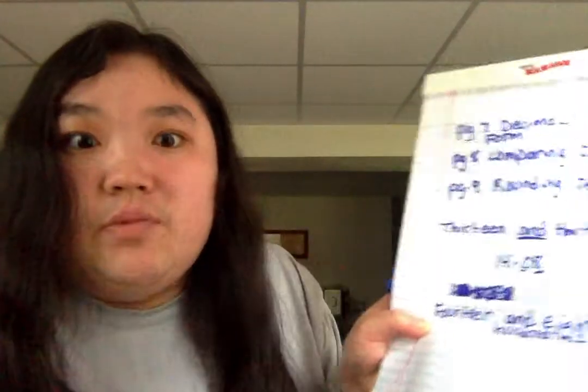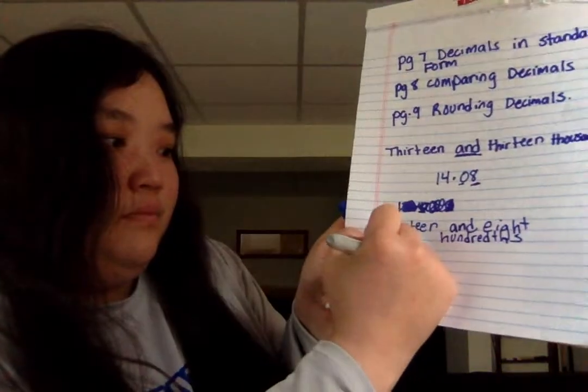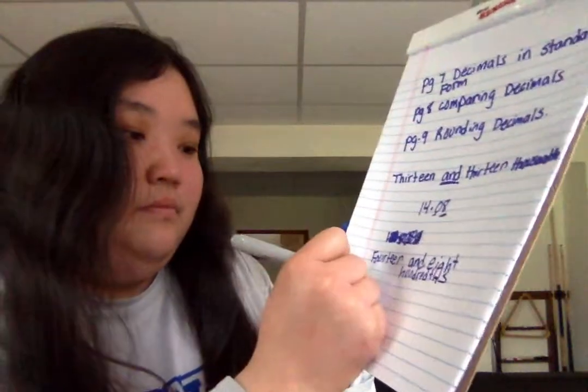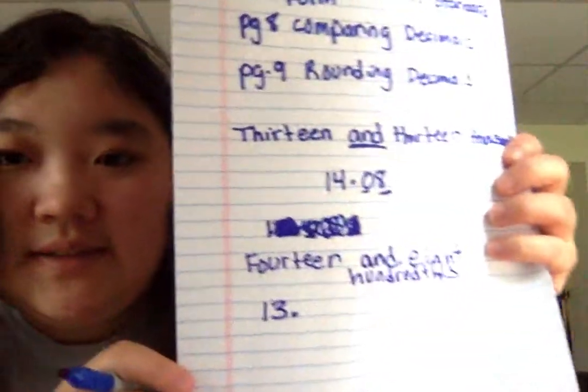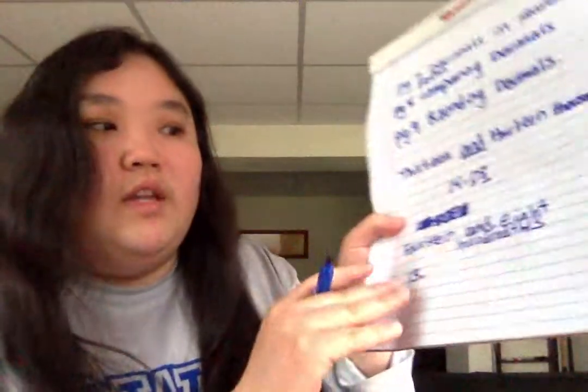So when we were looking at problem number 4 in the packet, 13 and 13 thousandths, we know that before the and we have 13, so we can write down the number 13. We know that and is going to represent our decimal. Have it down right here for you. Okay, so we know that it says 13 thousandths, and we know the number 13 looks like this, right? When we see 13 thousandths, we have to make sure that the 3 in 13 lands in the thousandths place.